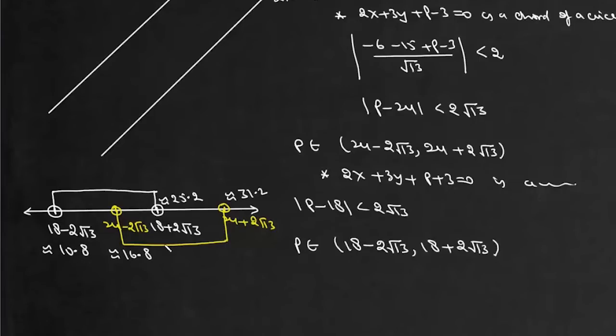Now the integral values of p in this set S1 are 11, 12 up to 25. So the values of p for which this first line is a chord of the circle is this set S1 from 11 to 25, and the set for which the second line is a chord of the circle will be from 17 to 31.